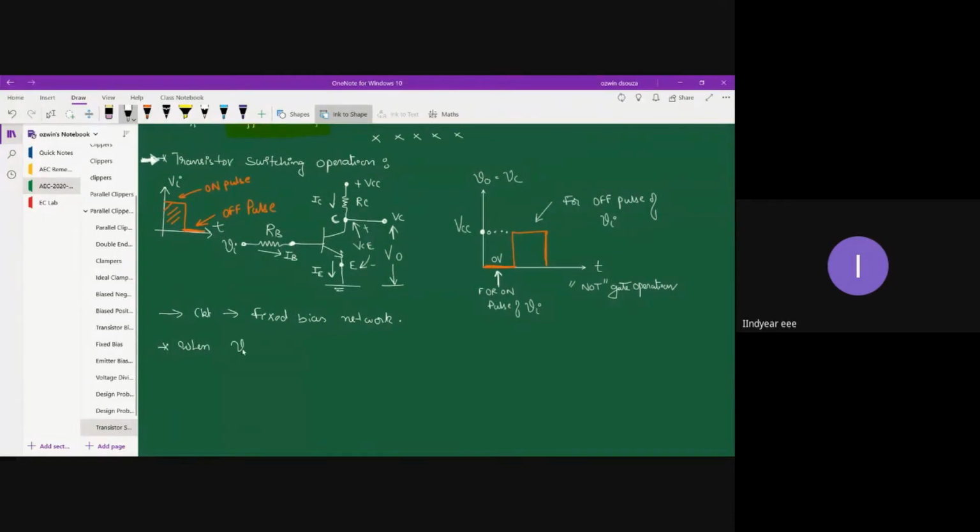When Vi is equal to, let's say, Vm, the maximum value of the input.